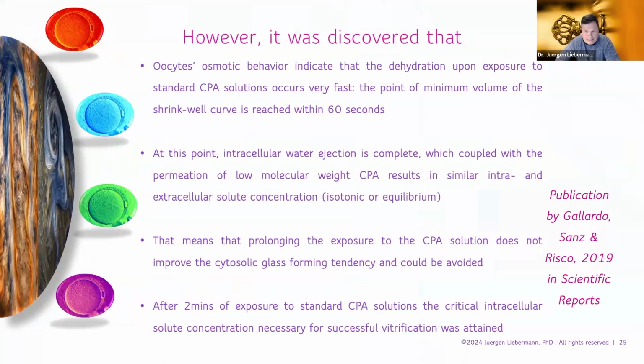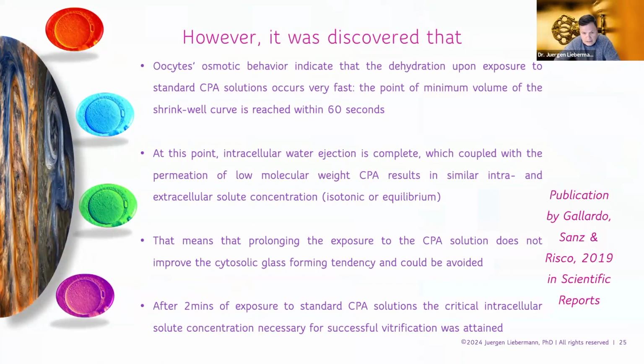However, based on a paper by Gallardo and his colleagues in 2019, they found that oocyte osmotic behavior indicates that the dehydration upon exposure to standard cryoprotectant solutions occurs very fast. The point of minimum volume of the shrink-swell curve is reached within 60 seconds.